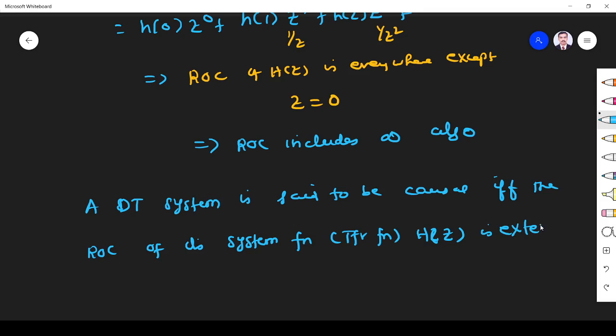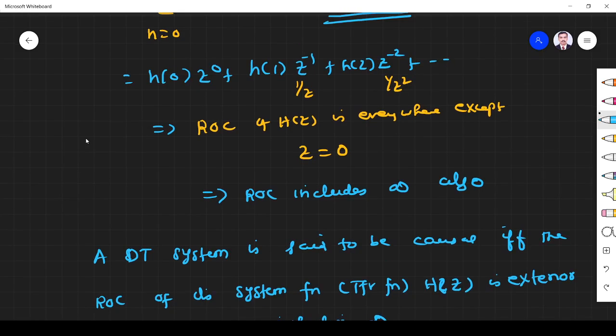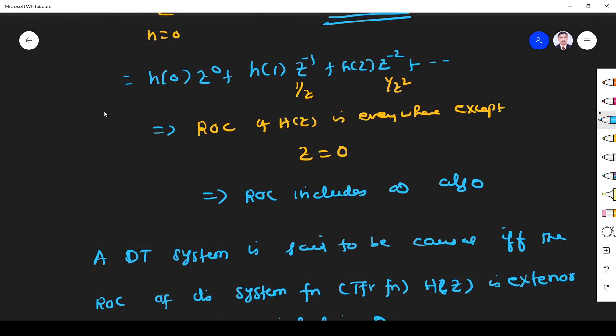From the first point we know it is the exterior of a circle, and it must include infinity. Right? So both the conditions were derived by keeping h of n causal.